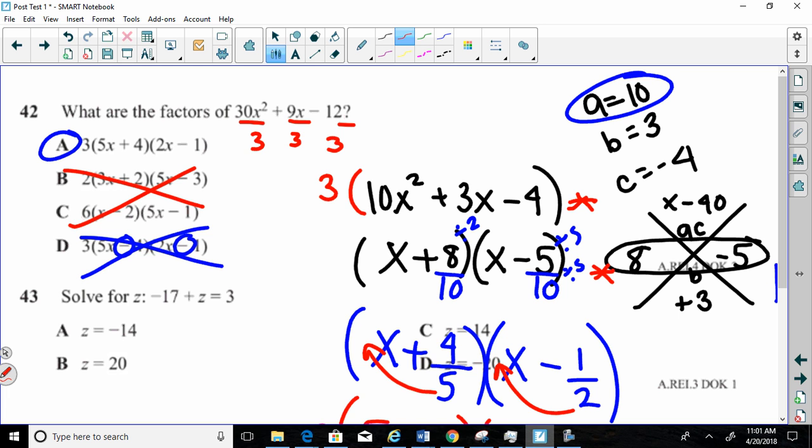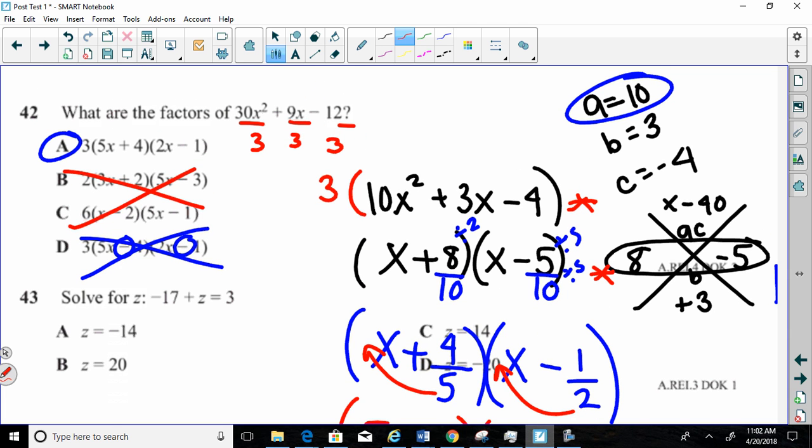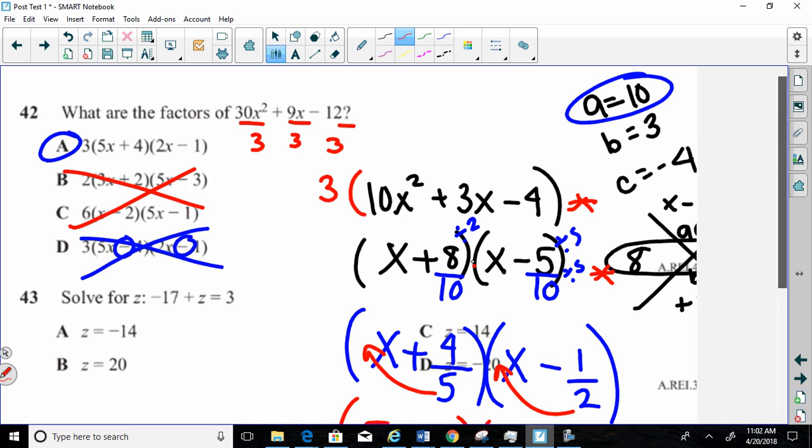So when the A is greater than 1, you have to put that underneath. You haven't had to do that because your A has been 1 if there's no coefficient. So since your A is 10, I put 10 underneath them. Then you either divide or reduce. So in this case, we reduce these fractions.